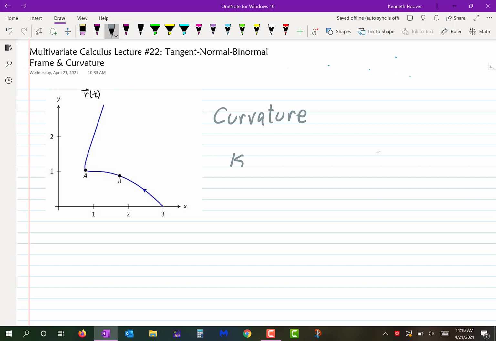Okay, and I'm going to tell you 4 different ways to calculate kappa, and like I said, you're welcome to use whichever one is easier.